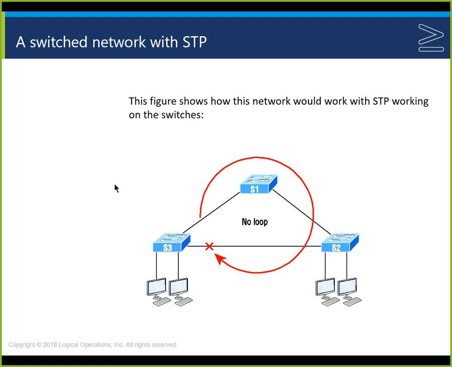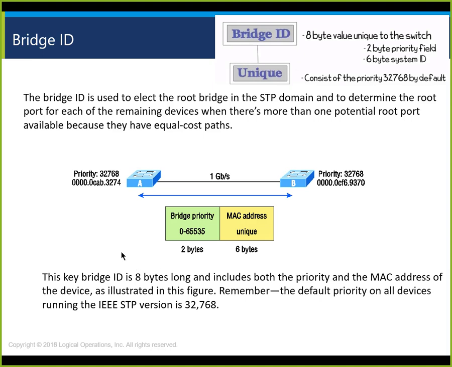With spanning tree, like the example, one of the ports is going to be blocked to prevent those loops, so that there's only a single path. The switches themselves have this thing called a bridge ID, which is going to identify them, obviously, and it's going to establish a priority, the string of numbers that's going to be used in the election of the root bridge.